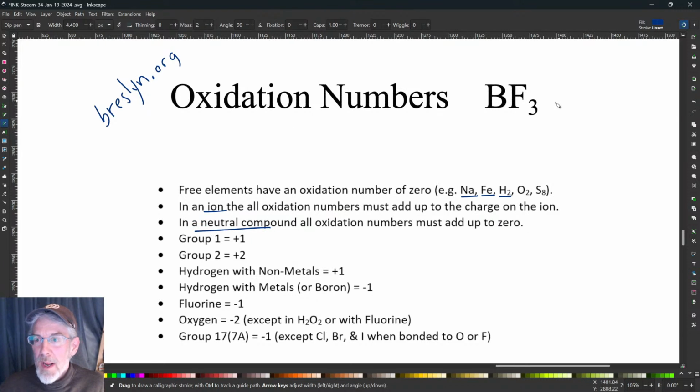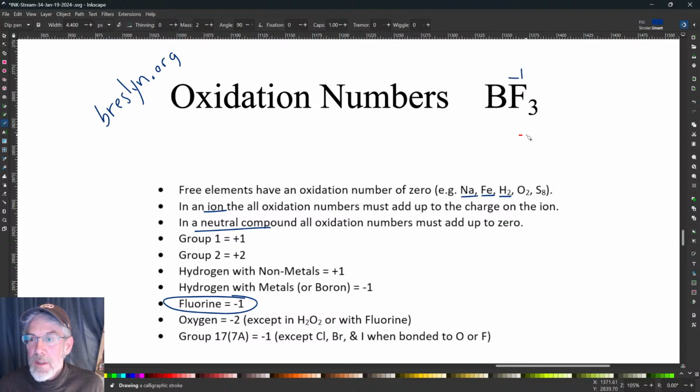So we know that everything's going to add up to 0. And we know that fluorine is always -1. So fluorine's -1. In this case, it doesn't really tell us about boron. But if everything has to equal 0, 3 times -1 is -3. So we have to have a +3.